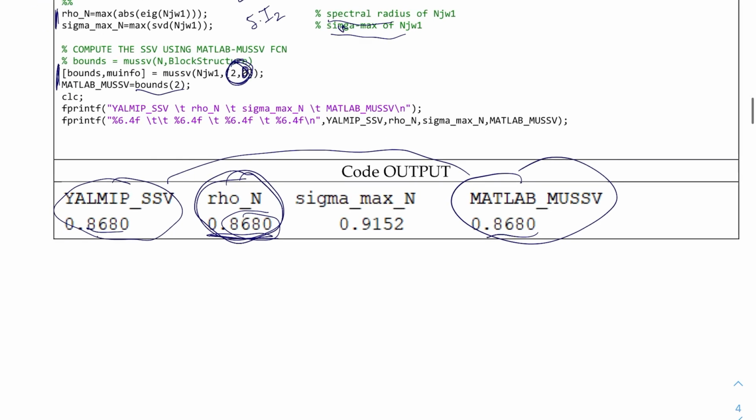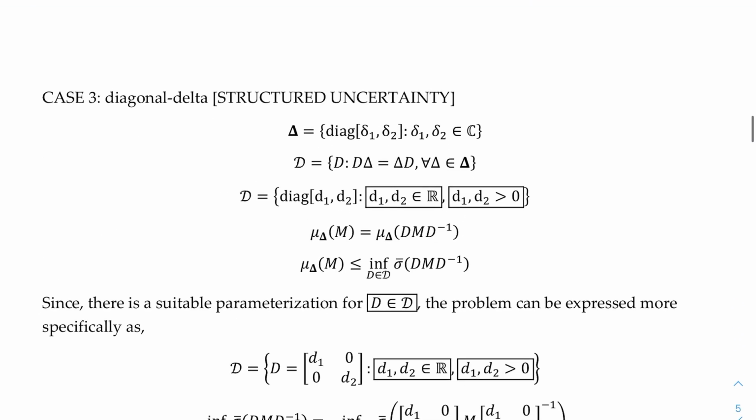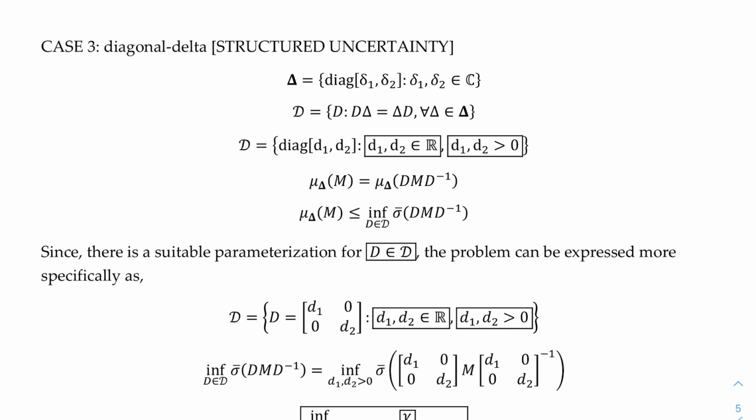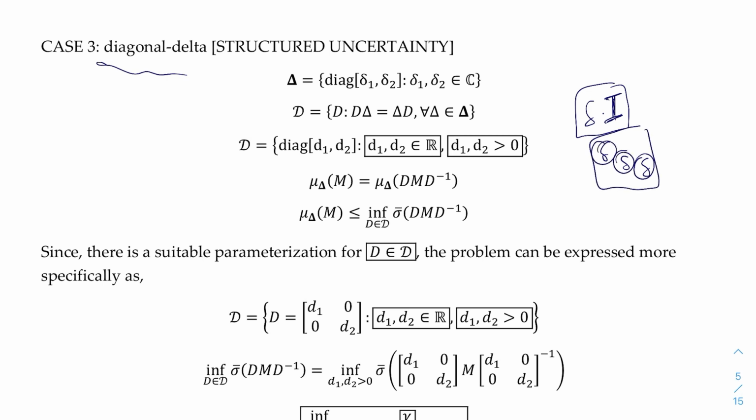Okay, now let us focus on the third problem. This is a diagonal delta. In the previous case, case 2, it is again diagonal, but that's more restrictive compared to this case. And that was delta, delta, delta, however these deltas are the same.